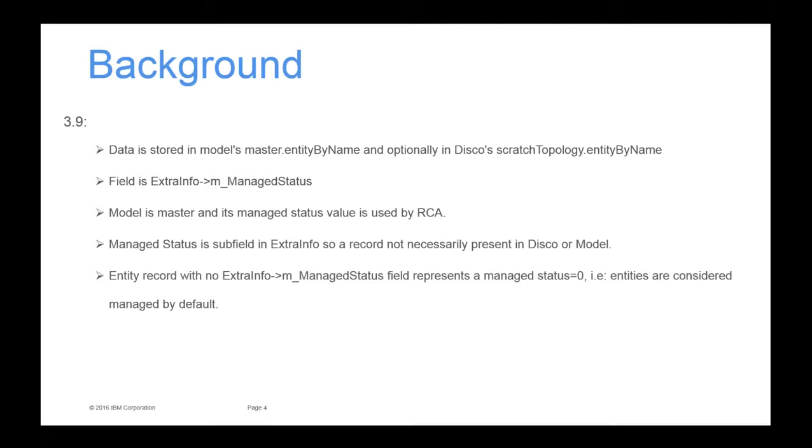So a little background for 3.9. Data is stored in models master.entity by name, and also optionally in Disco's scratch topology entity by name. And this field is an extra info managed m_managed status field.